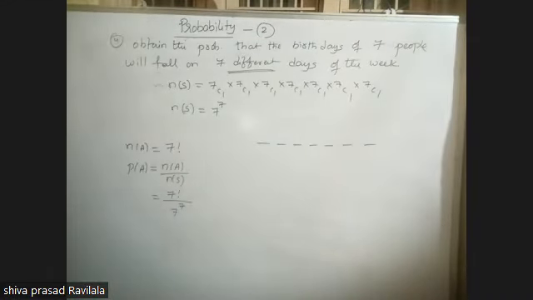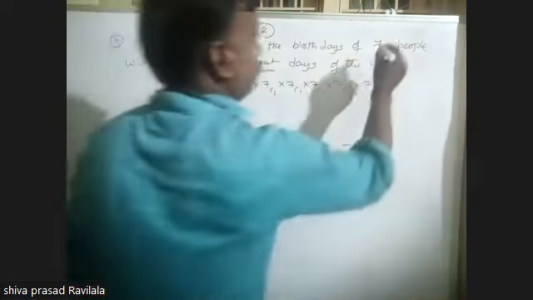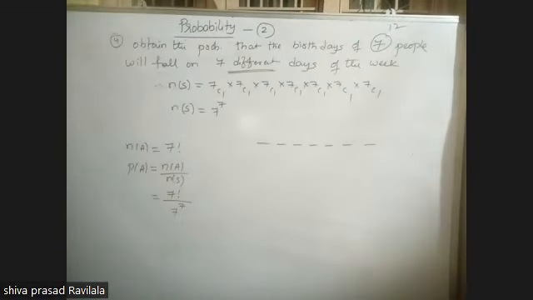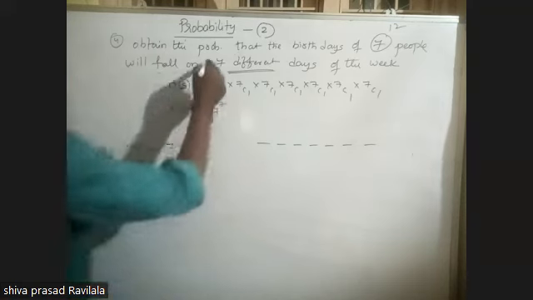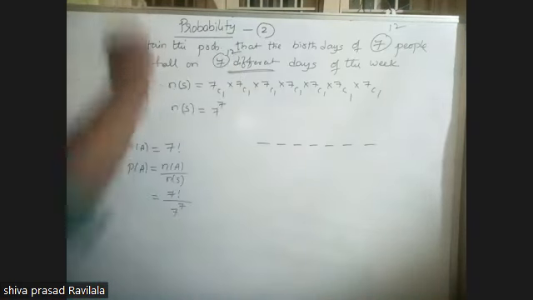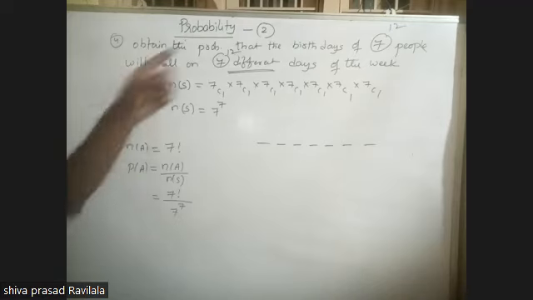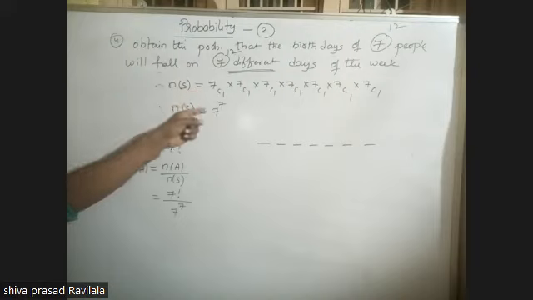Same question they may ask with 12 instead of 7: obtain the probability that the birthdays of 12 people will fall on 12 different months. Automatically, same answer.